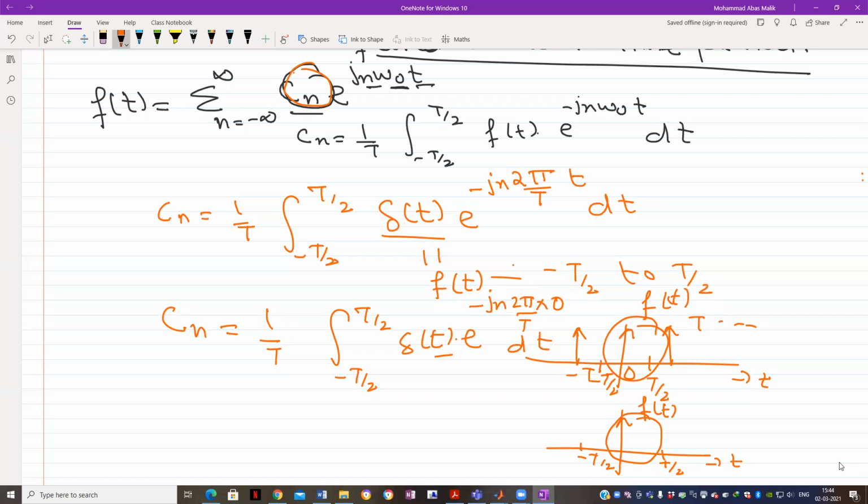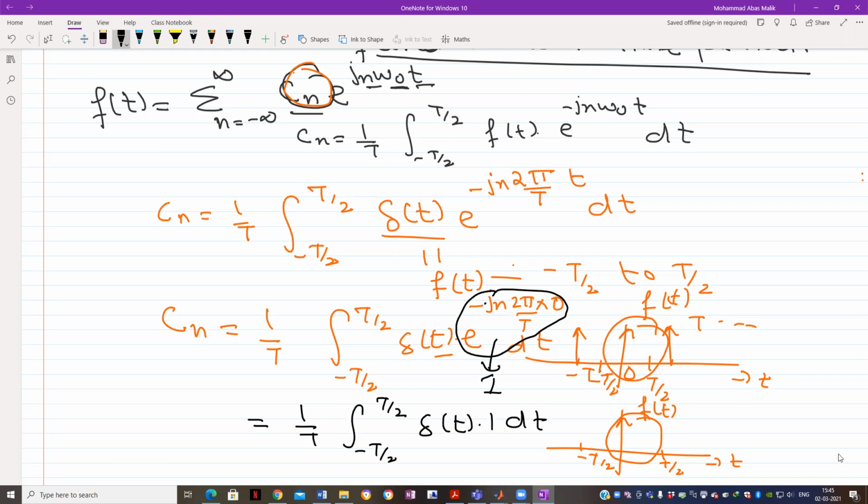So this value will be equal to 1, because e raised to the power 0 is 1. So ultimately you will get 1 by T, integral from minus T by 2 to T by 2 of delta of t into 1 dt.